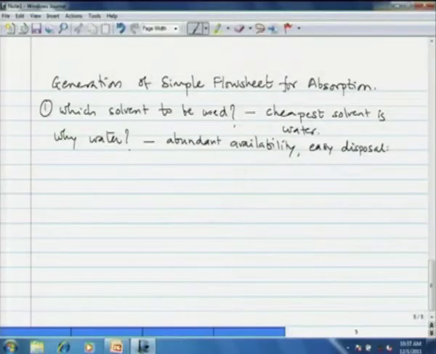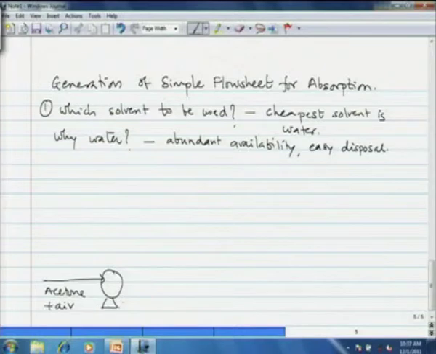Now, based on this, let us try to design a very simple system for absorption. Okay. Let us say we have acetone and air stream coming from the process that we may need to compress slightly to moderate pressure. Then we have the absorber.